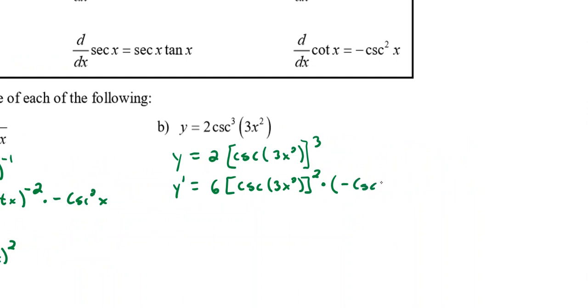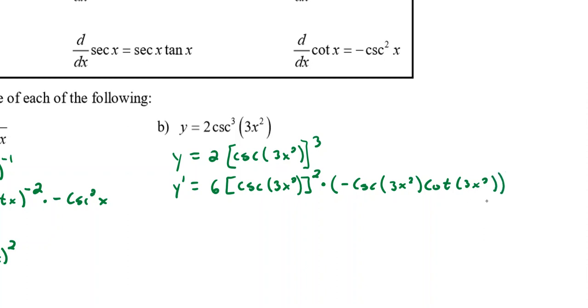Negative cosecant x. But it's not x, it's 3x squared, right? That is my x at this point, so I need to make sure I put that into these as well. So 3x squared, and then cotan 3x squared.